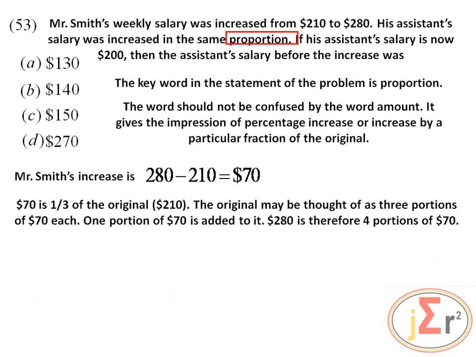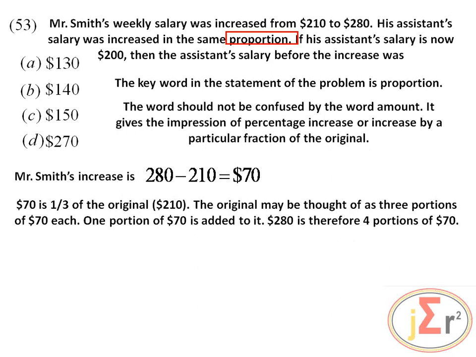The original is $210. So $70 is 1/3 of the original. The original may be thought of as 3 portions of $70 each. One portion is $70, and that is added to the original.